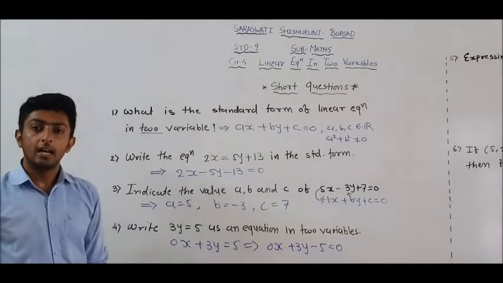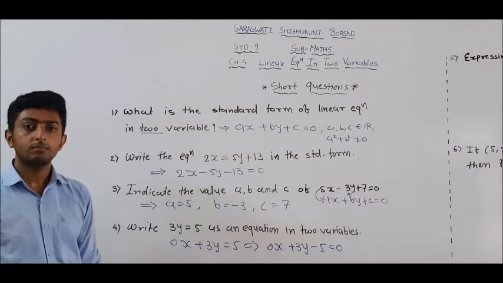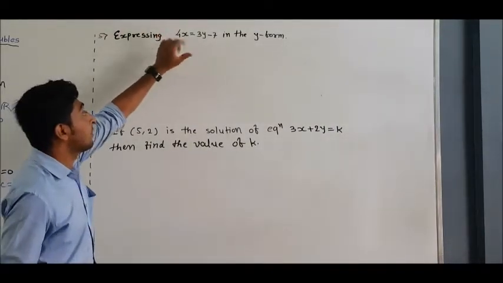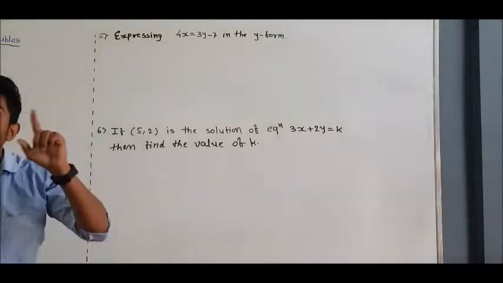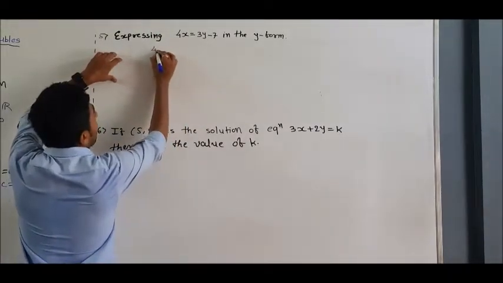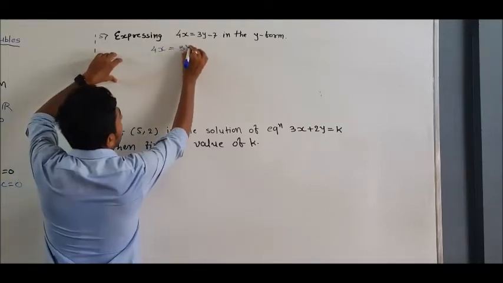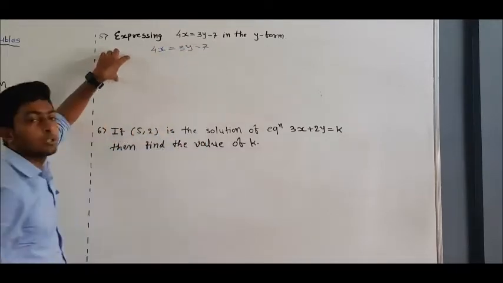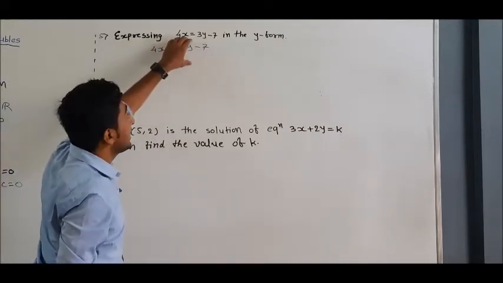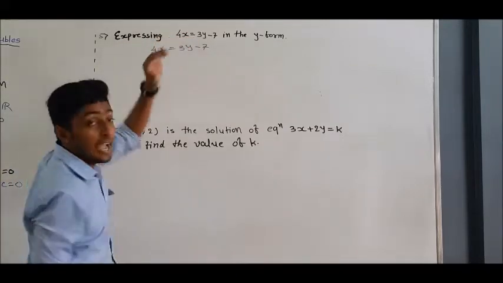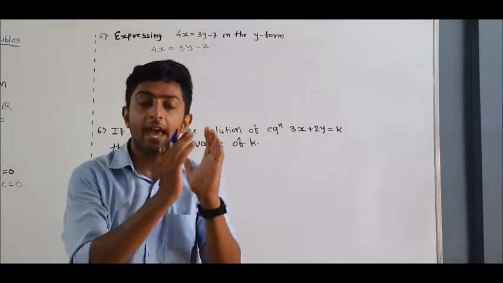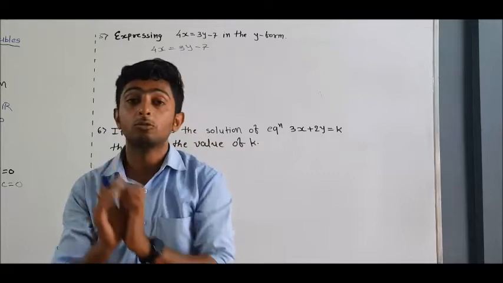Let us see another question. Another question is, express 4x equal to 3y minus 7 in the y form. First of all, let us start with the main equation, 4x equal to 3y minus 7. I want the equation in the y form, that means I have to express y equal to something, that means express the term y in terms of x.